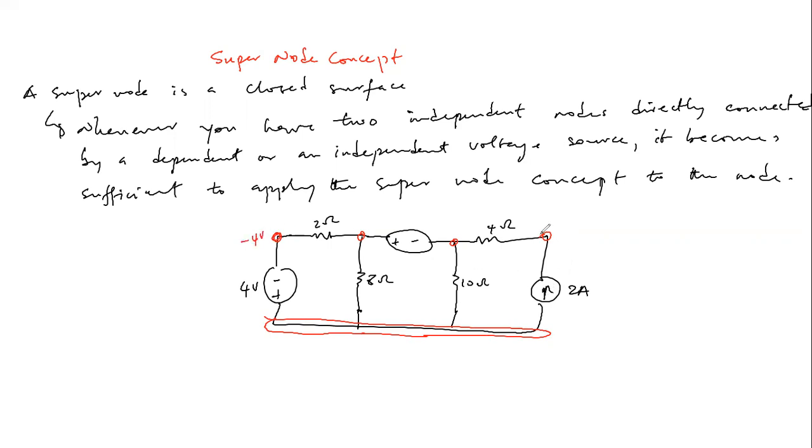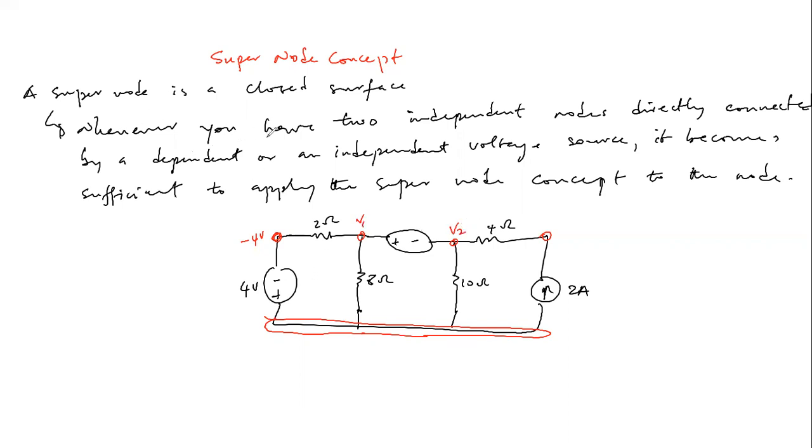So we know a 2 amp current is flowing through this, okay? Now, we can tell the voltage at this point because a 2 amp current flows through a 4 ohm resistor, so by Ohm's law we can tell the voltage value. But here, we are unable to tell the voltage values, so these are the independent nodes.